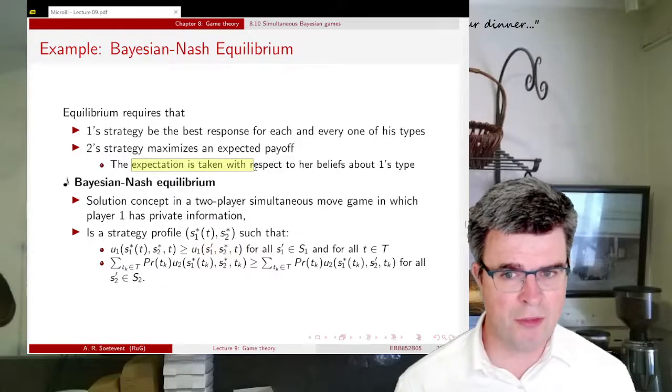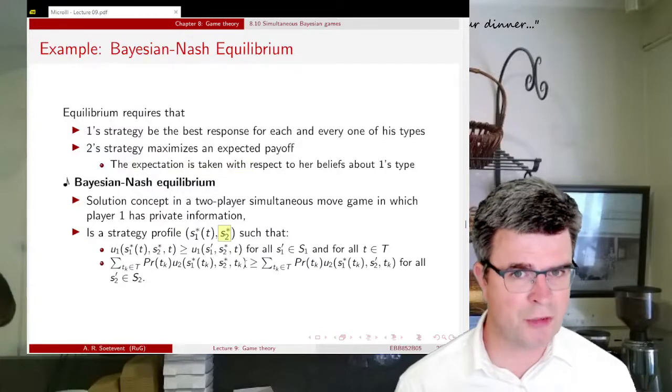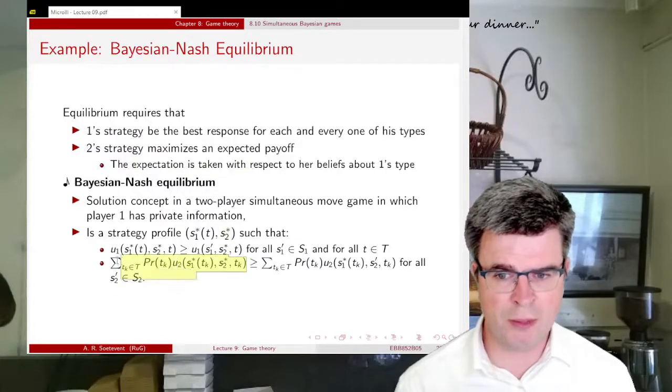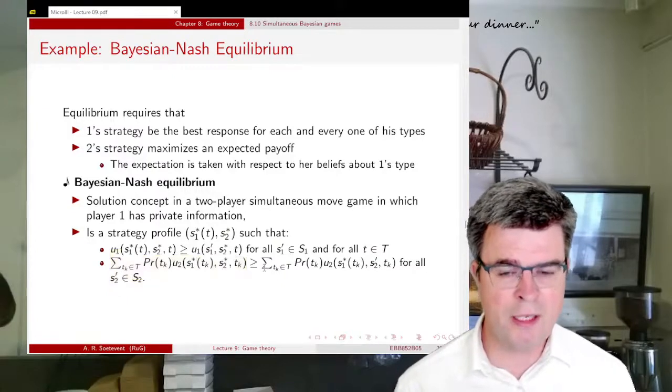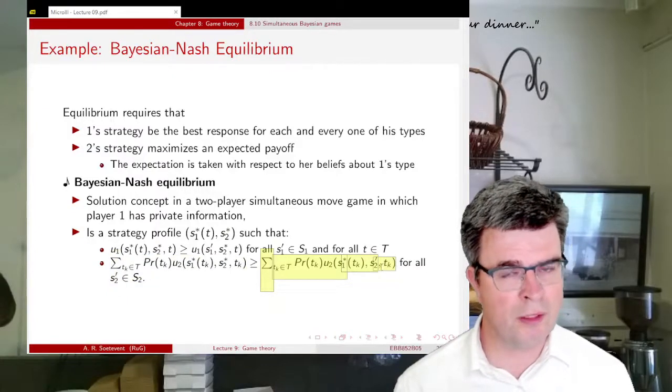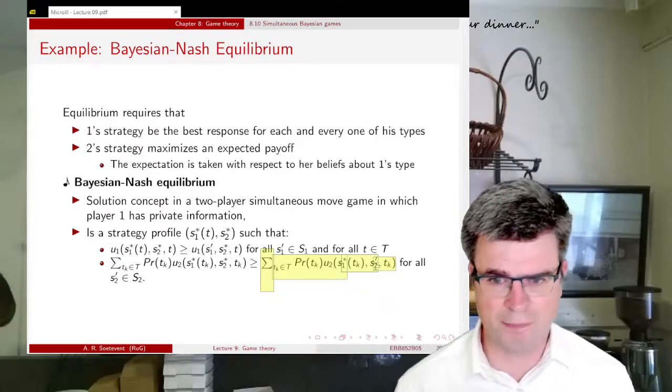And player 2 takes an expectation and maximizes an expected payoff. So the equilibrium strategy of player 2 must satisfy the condition that the expected utility payoff of playing that strategy is at least equal to the expected utility that she would derive if she would play any other of her feasible strategies.